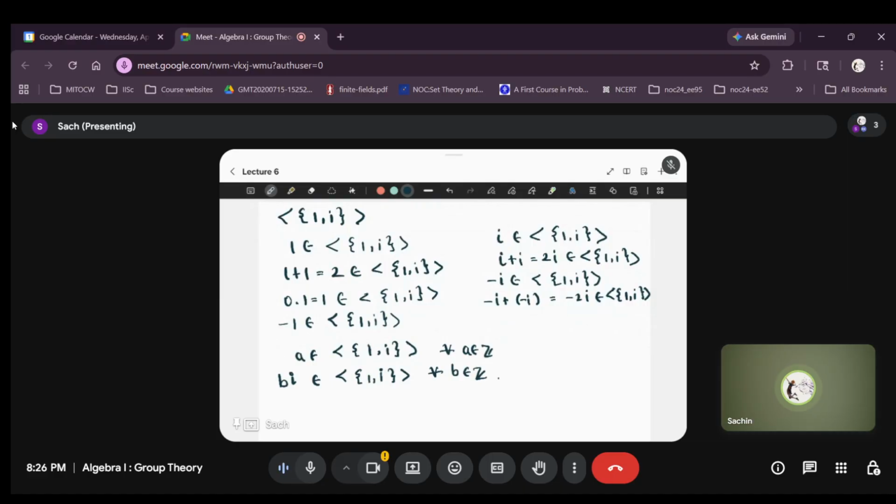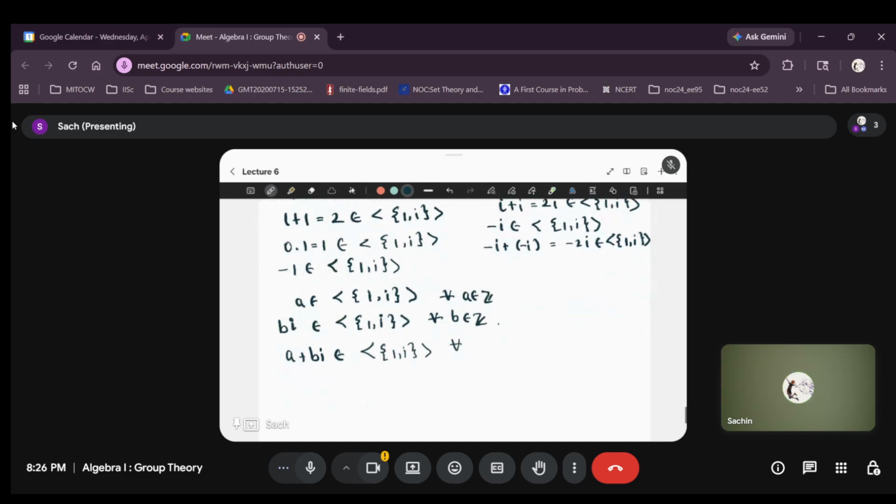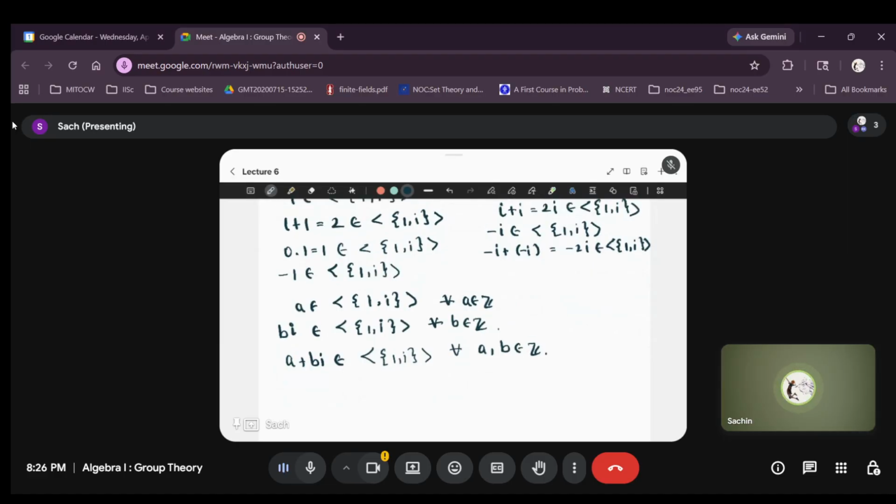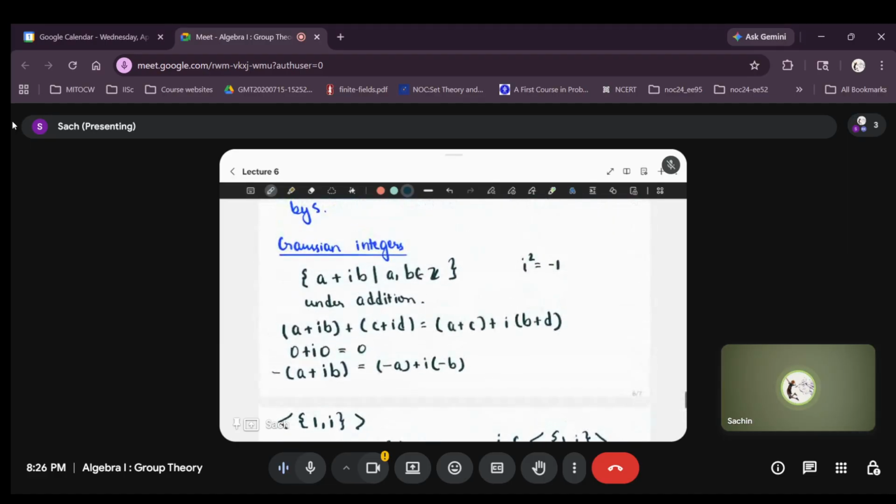Since a and bi belong to that set, a plus bi belongs to it for all integers a and b. So this is nothing but the set of Gaussian integers.